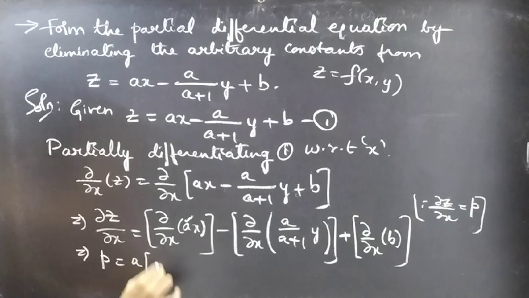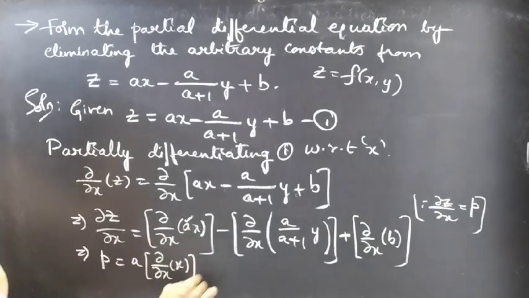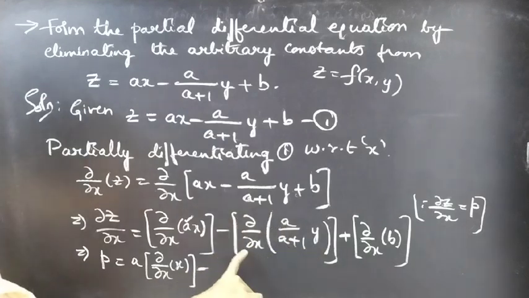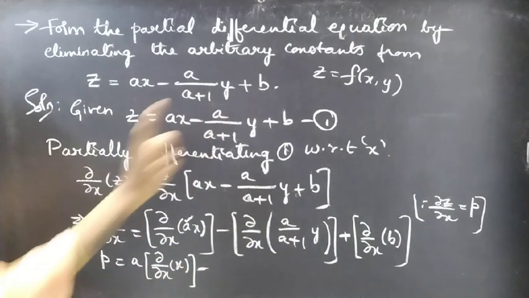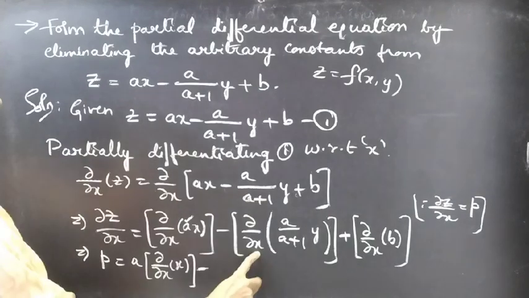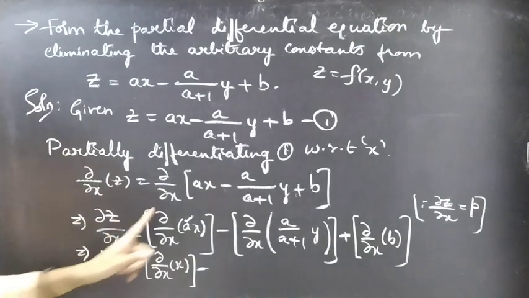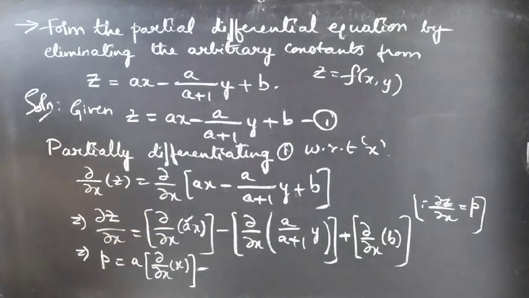We can write it as a into the partial derivative of x with respect to x, minus a constant. Since we are partially differentiating with respect to x, y will be treated as constant, and also a is a constant.